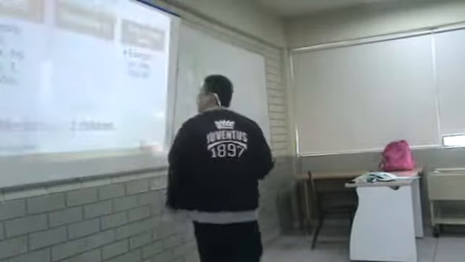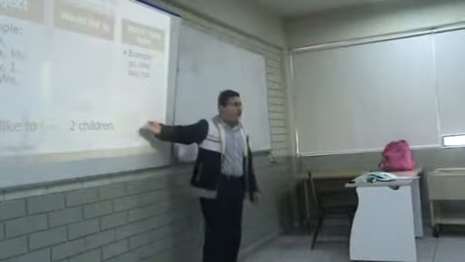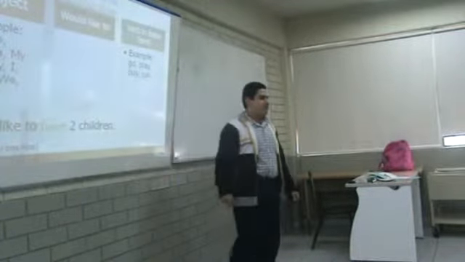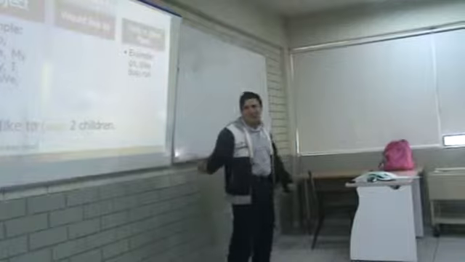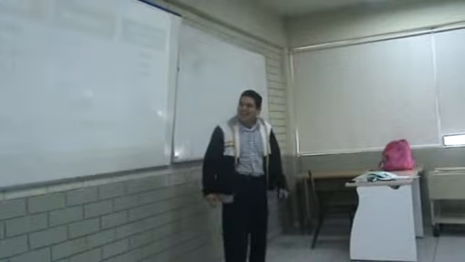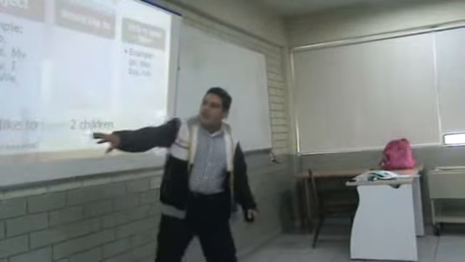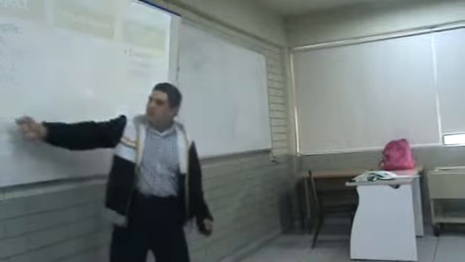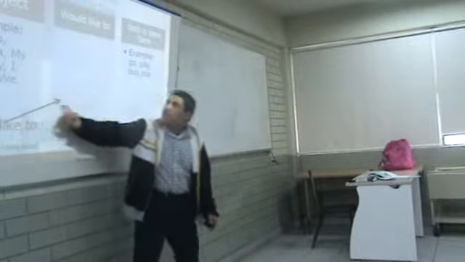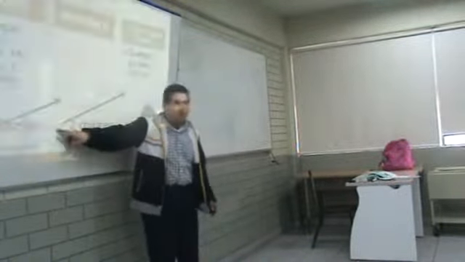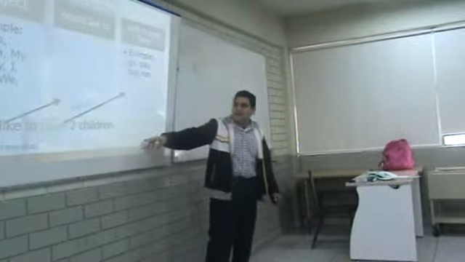Por ejemplo, I would like to have 2 children, me gustaría tener 2 hijos. As you can see, here is I, the subject, then would like to, and the verb in the base form.